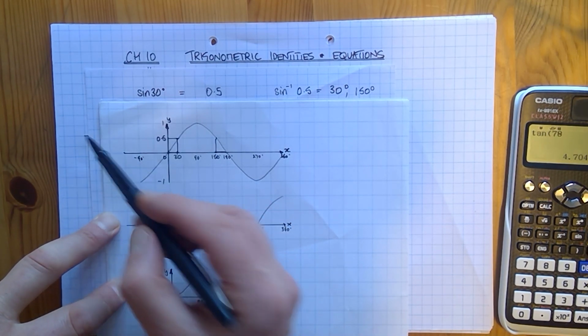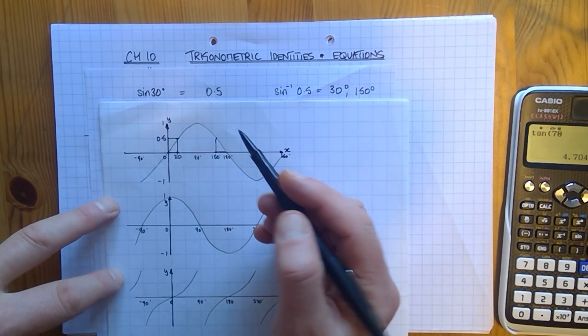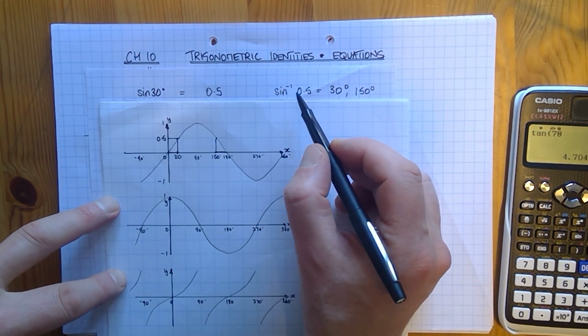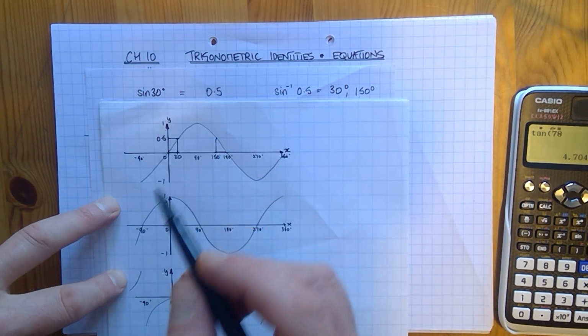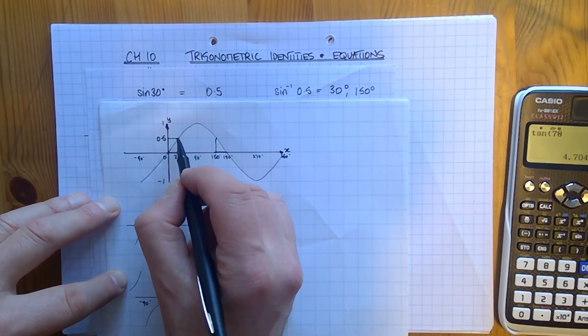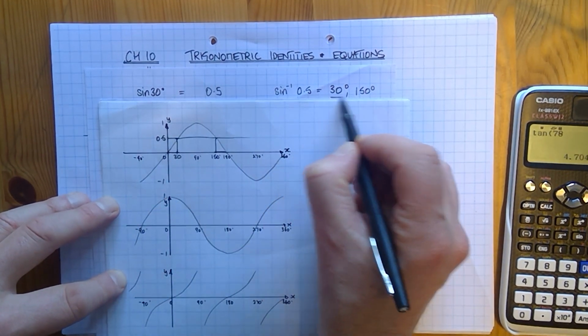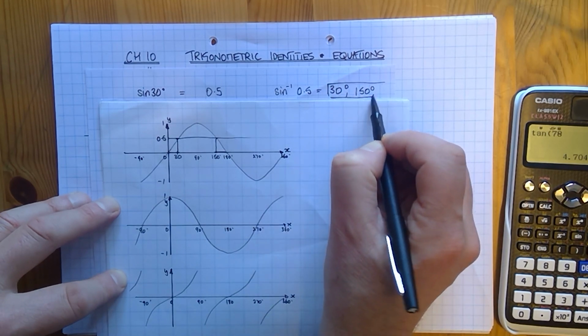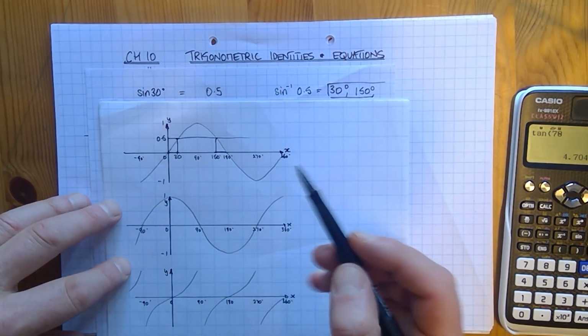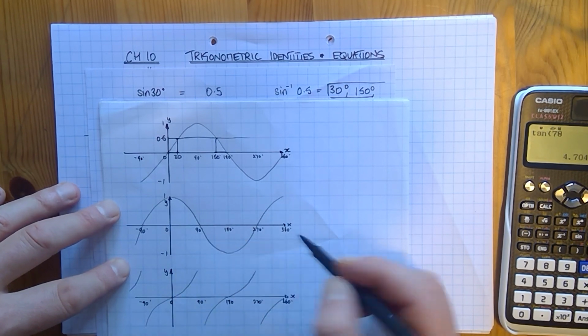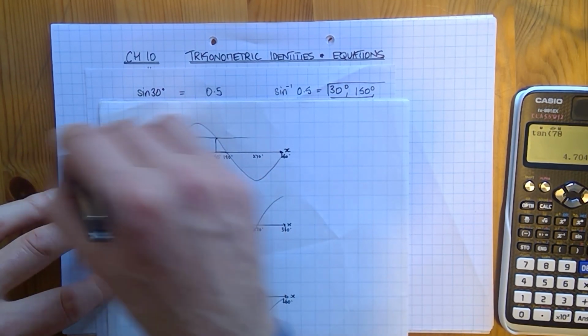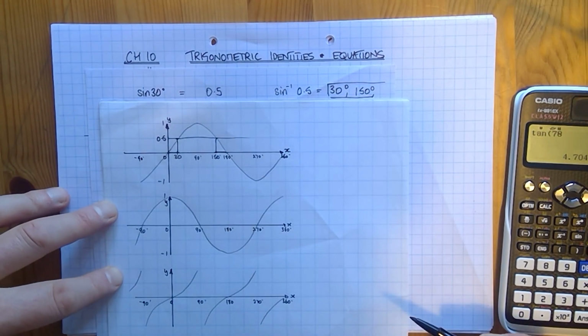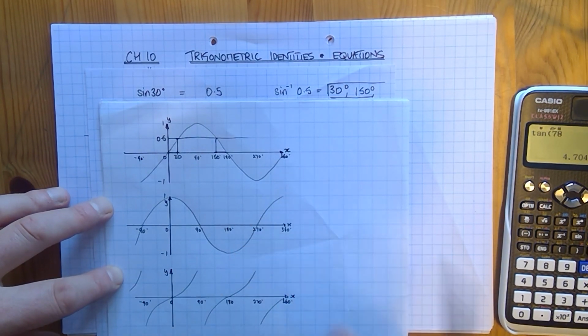Sine of minus something will give you 0.5. What we're going to learn today is another technique for working out what all these values would be, rather than sketching the graphs each time and working your way along, trying to imagine where it repeats itself. There's another method, and that's the method we're learning.